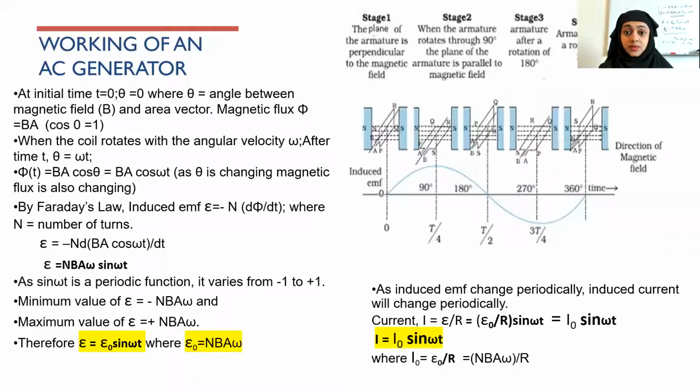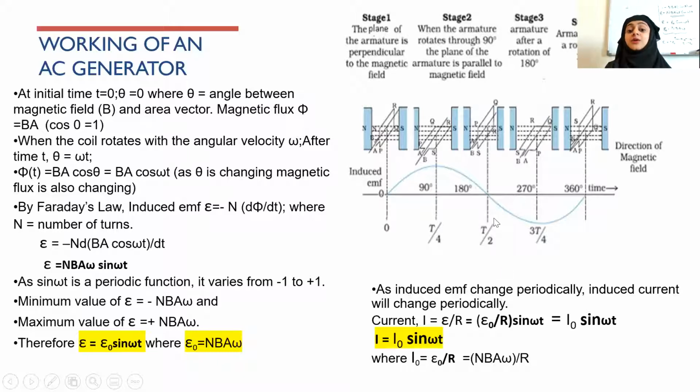Okay. If you call the total time taken for this one complete rotation as capital T, the period, then in quarter of the time, it goes from 0 to maximum value. That is T by 4 time. Now, again if we continue the rotation, in half of that time interval, it goes to the maximum and comes back to 0.